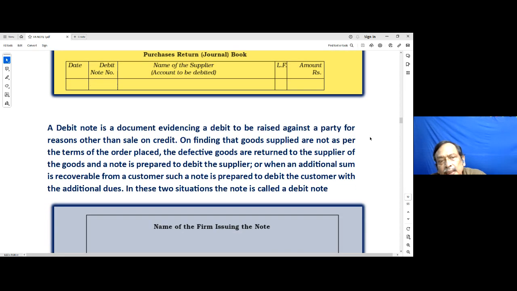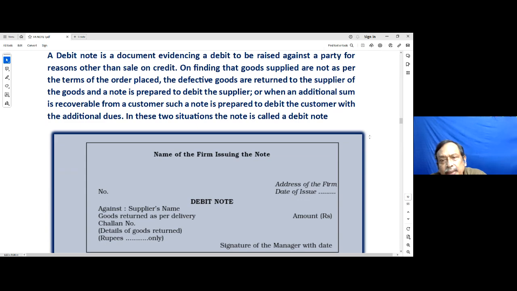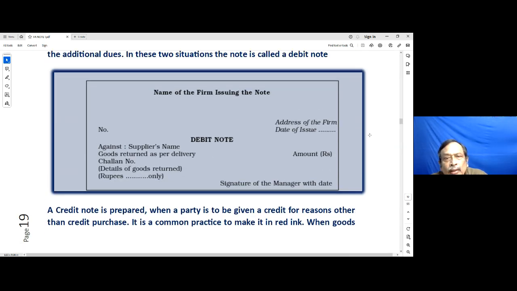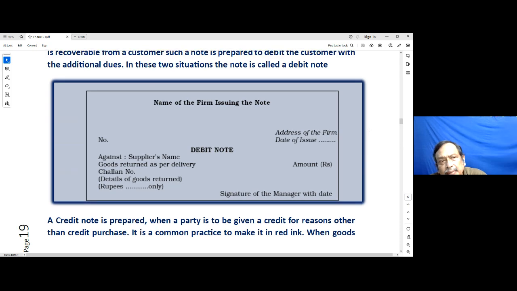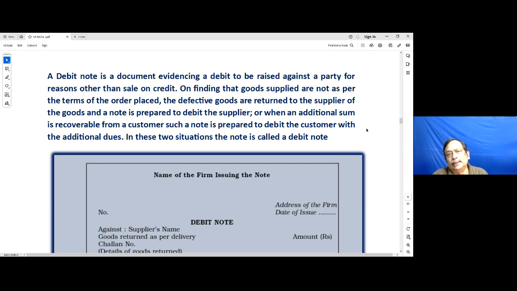Then there is a concept called debit note. A debit note is a document evidencing a debit to be raised against a party for reasons other than sale on credit.